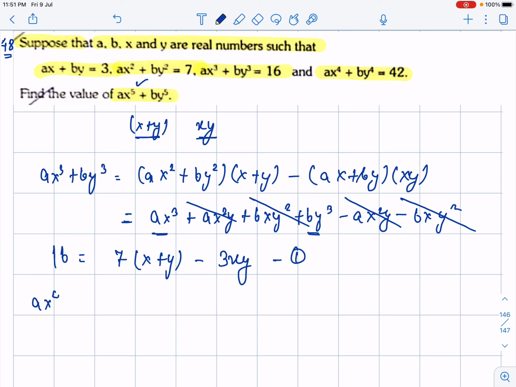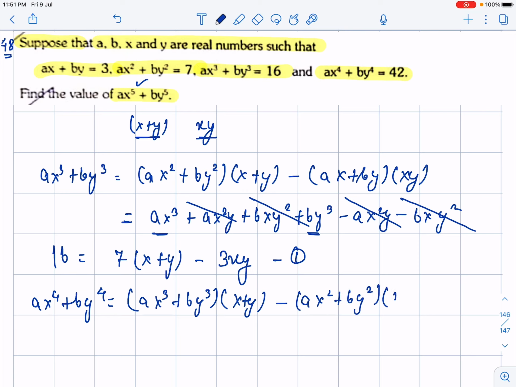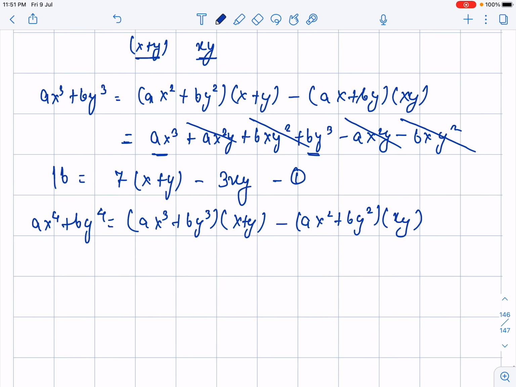Now let's write ax power 4 plus by power 4, that will become ax cube plus by cube multiplied by x plus y minus ax square plus by square multiplied by xy. So we get ax power 4 plus by power 4 equal to, let's cross check the same thing, whether we are getting the same LHS or not.